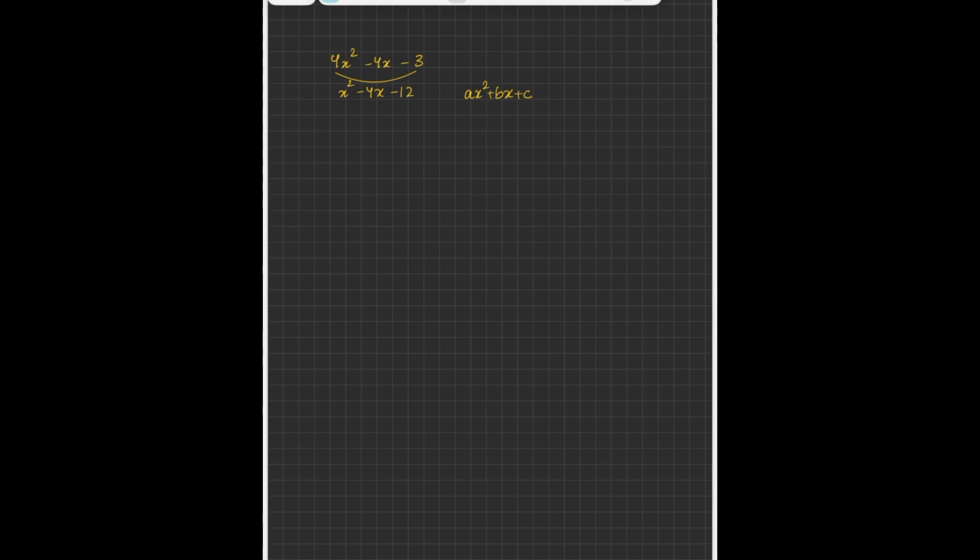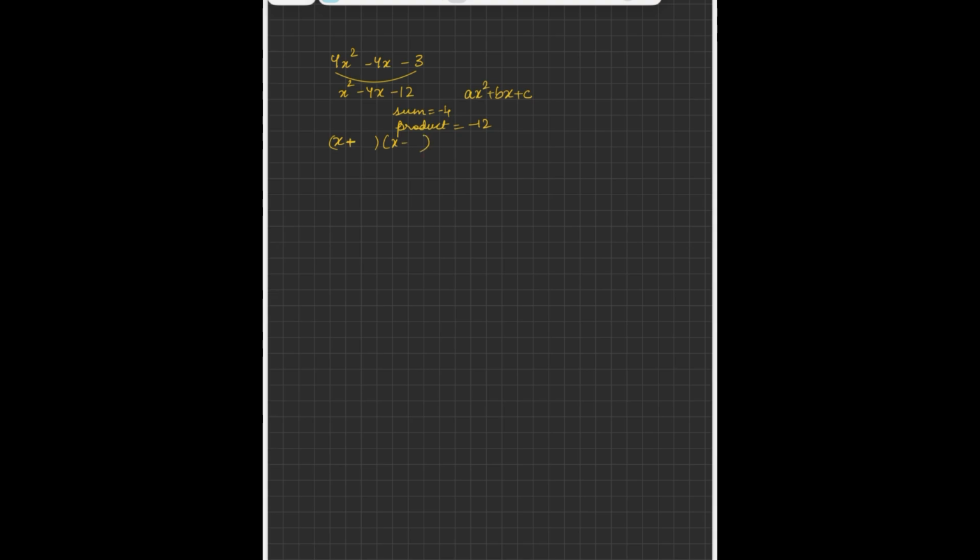Now we have to find out two numbers whose sum is minus 4 and product is minus 12. Now since the product is negative, one of them has to be positive and the other has to be negative.